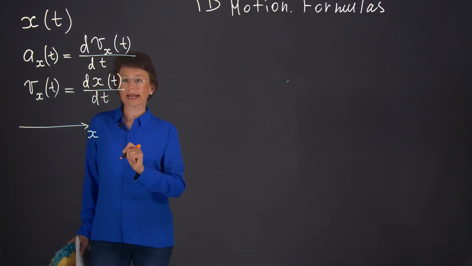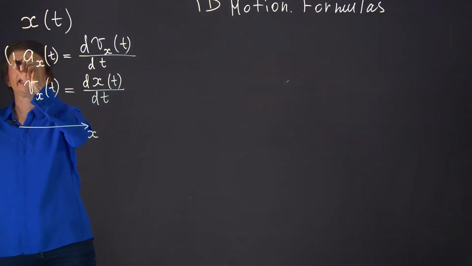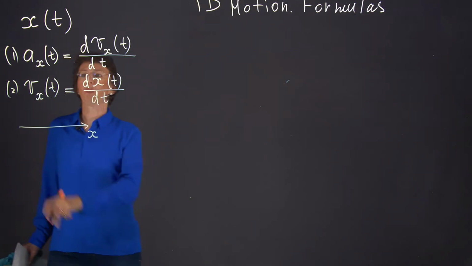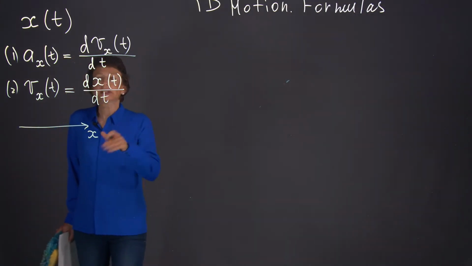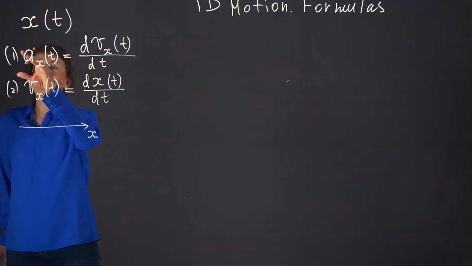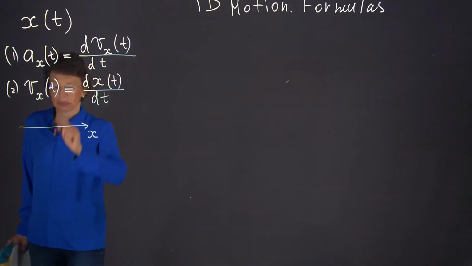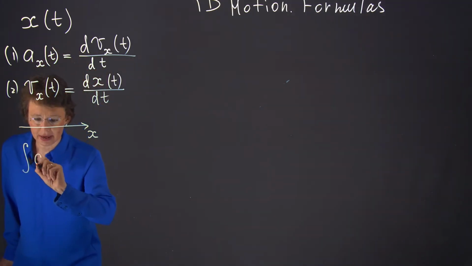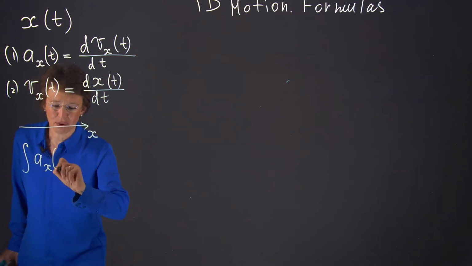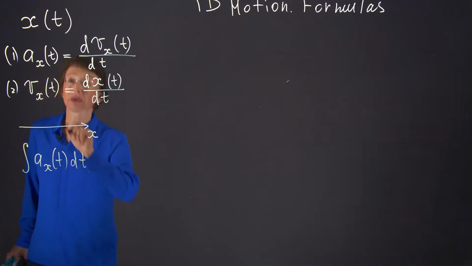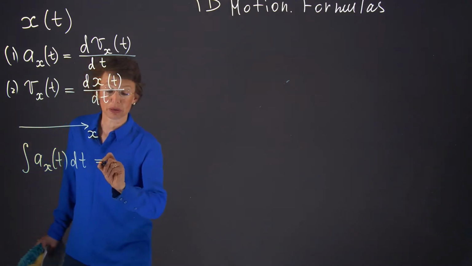Before I do anything, let's call this formula 1 and this formula 2. What I'll do next is take the antiderivative of both sides of equation 1. Stay with me. ax of t dt will be on the left. What will be on the right?